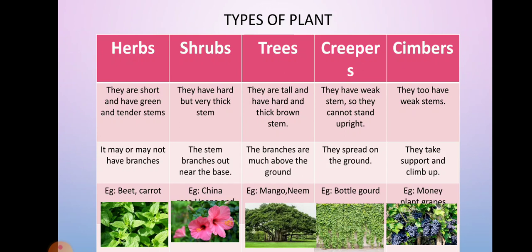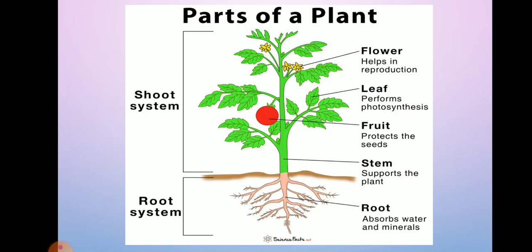Okay. Now the next slide which we are going to talk about is parts of a plant. You are very well aware of this from class 3 itself, the different parts of a plant. The plant has been divided mainly into the shoot system and the root system. The shoot system is the one which is present above the ground surface, and the root system is the one which is present below the ground surface.